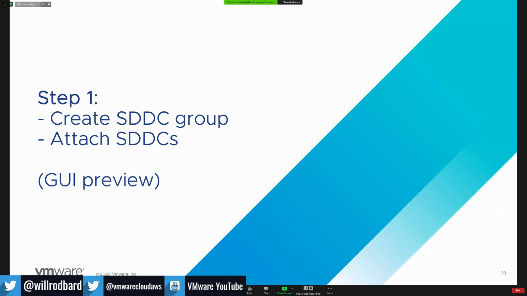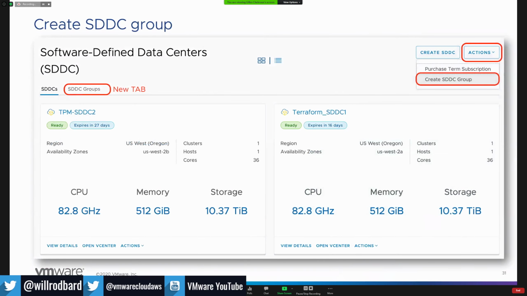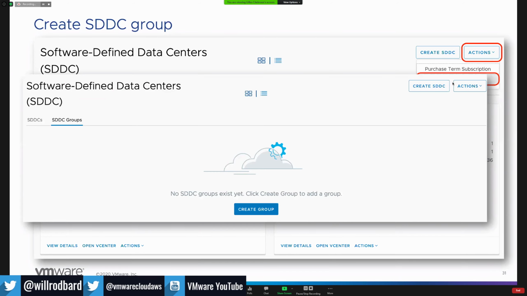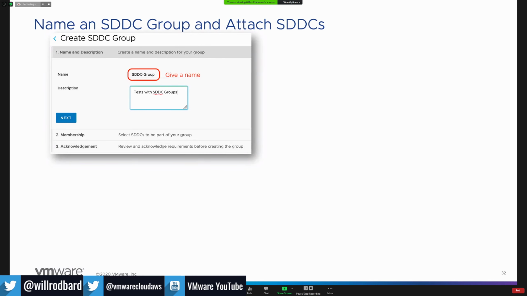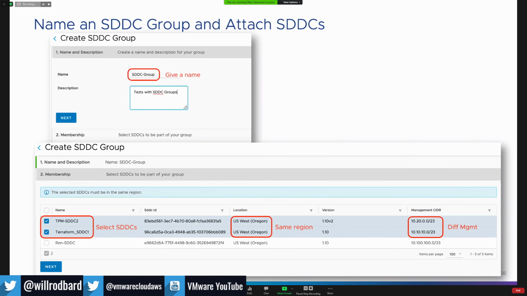So first things, we need to create an SDDC group and attach the SDDCs themselves. So for that, we have a new tab, and this new tab appears when you go to Action and then create an SDDC group. So you create a group, you give it a name and some description. You select the SDDCs you want to attach, so they need to be in the same region and they need to have different management CIDR.